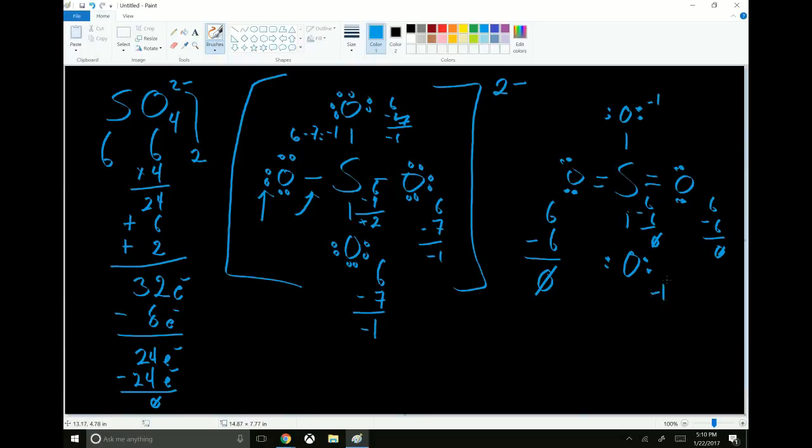And oxygen is above sulfur, so oxygen has a higher electronegativity, so it should have the negative charges, so that's all right. Not only that, but -1 plus -1 plus 0, 0, 0 gives us a total formal charge of -2, which matches the total charge of our molecule, and that is the actual Lewis structure of sulfate.